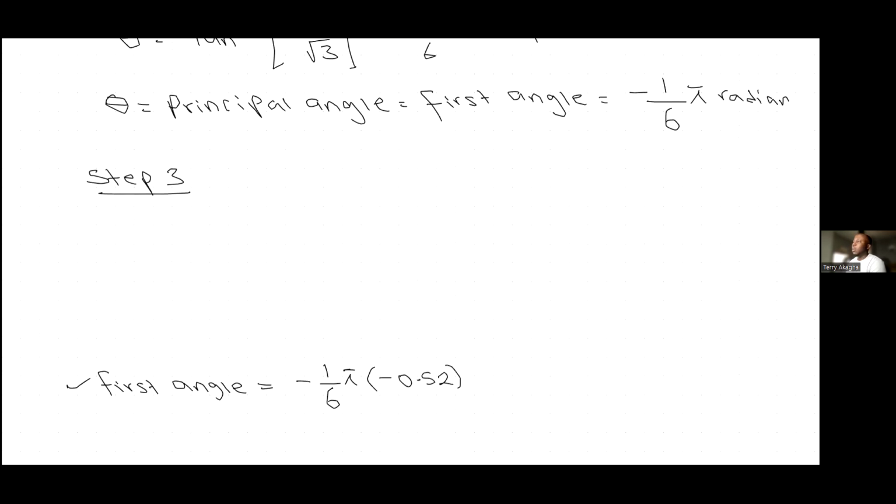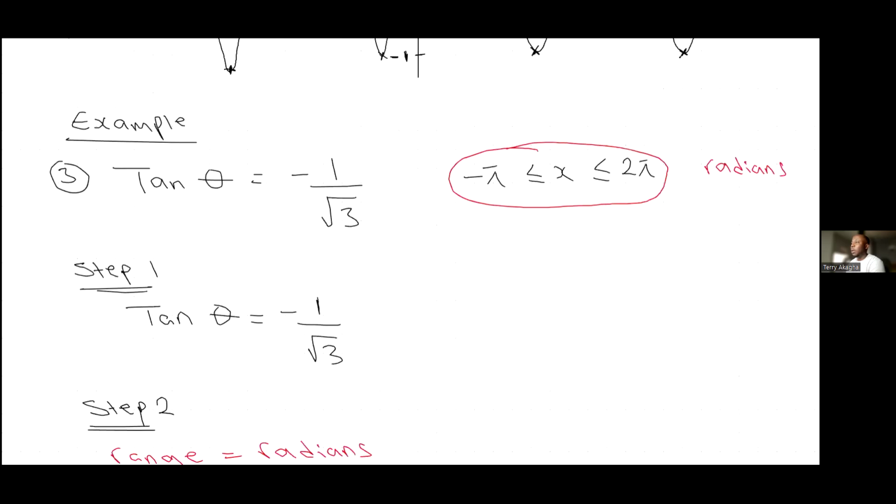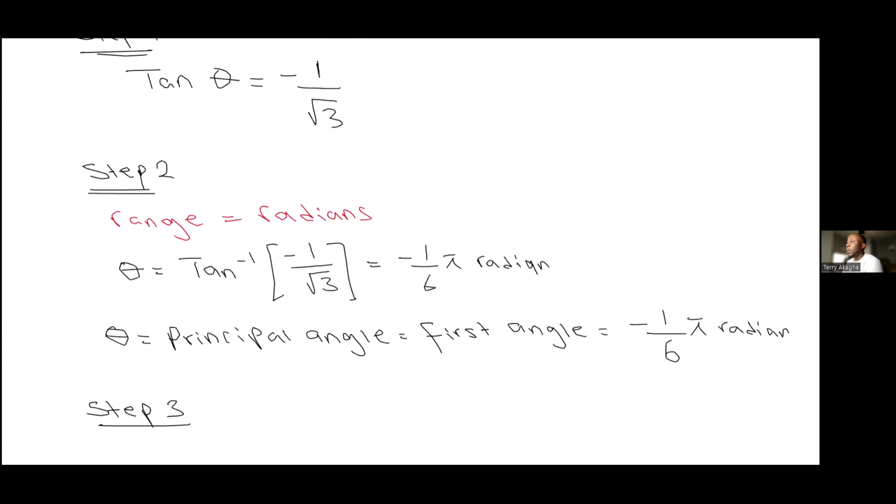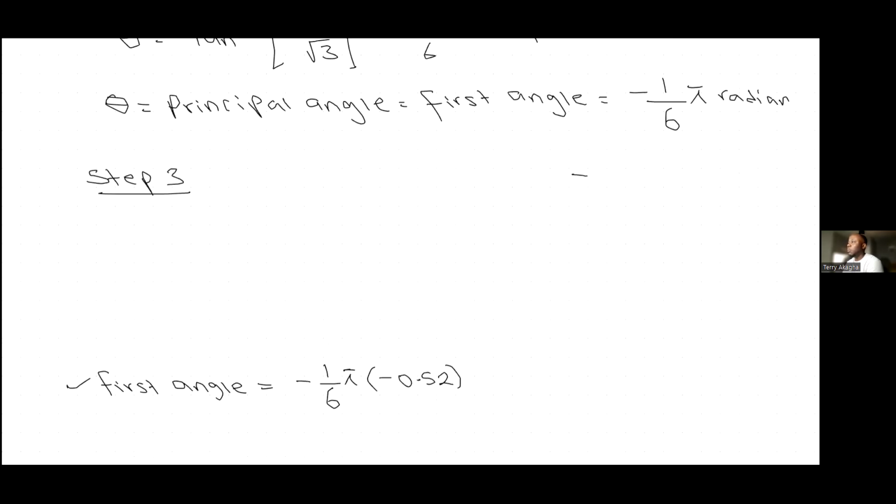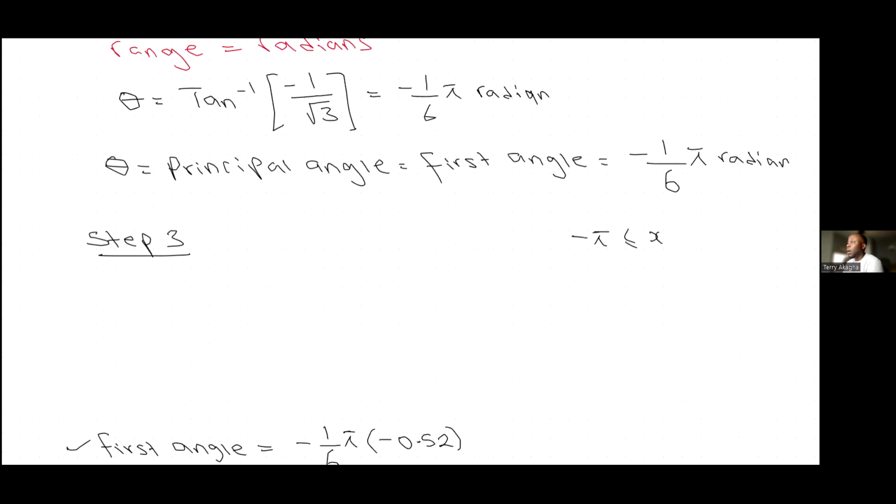Now, how do you do this? Let's look at the range again. The range we're told is between minus pi and 2 pi, so x is between minus pi and 2 pi. What I always advise students, because some of us are not really comfortable with fractions, is to convert this to decimals.